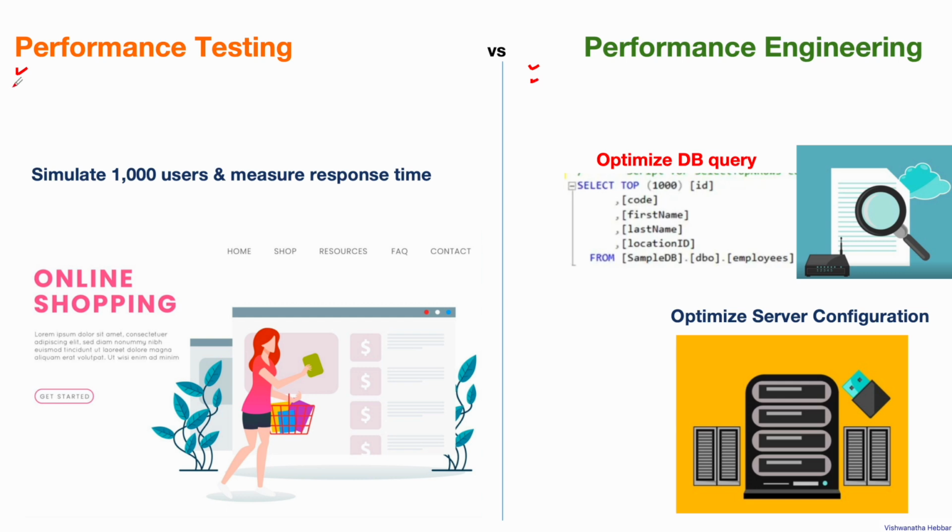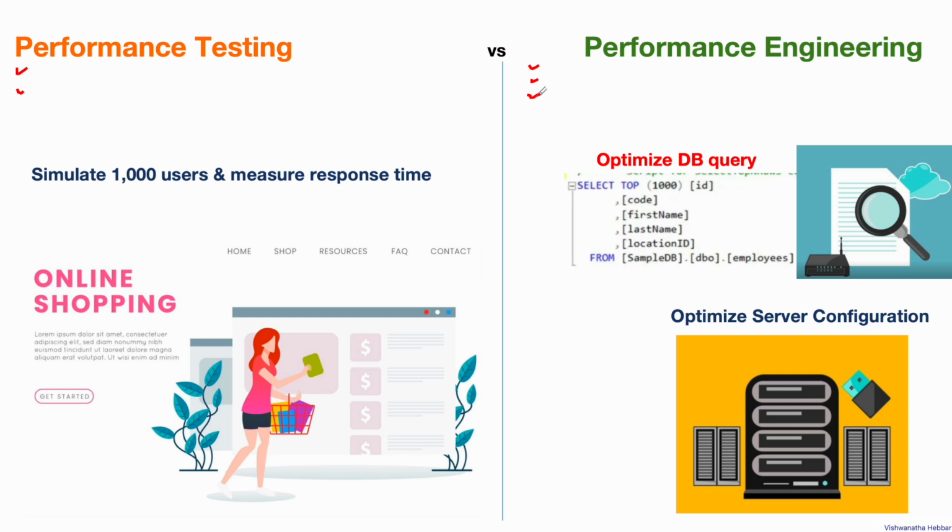The goal of performance testing is to measure the system performance, for example response time or throughput. In performance engineering, our goal is to enhance and maintain the optimal performance of the system. Performance testing is done in a testing phase before the deployment, but performance engineering is a continuous process.